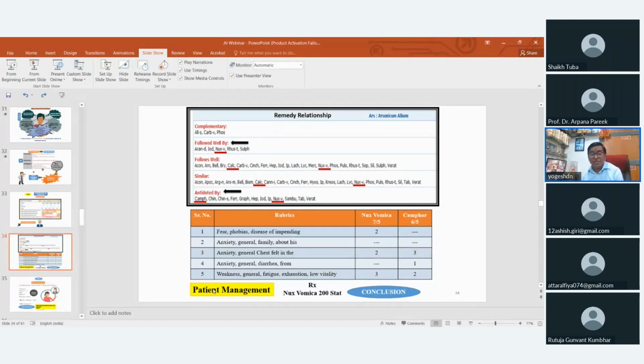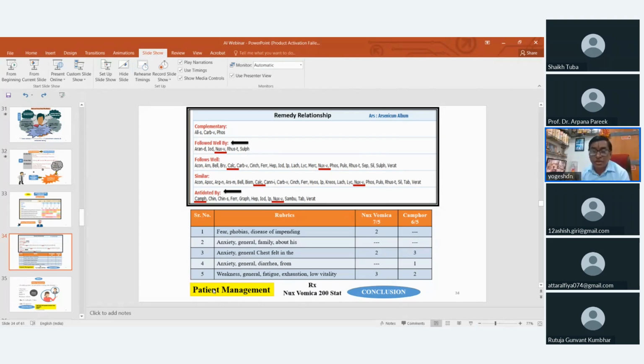Anxiety which is felt in the chest, that is covered by both remedies. And general diarrhea, that is covered only by Camphor, whereas weakness is covered by both remedies. Now, symptoms number 3 and 5 are both covered, whereas the most important part is the fear, because everything has been generated out of this fear that something will happen to me, some disease will be contracted, and this is one of the prominent fears that Arsalb is also having.